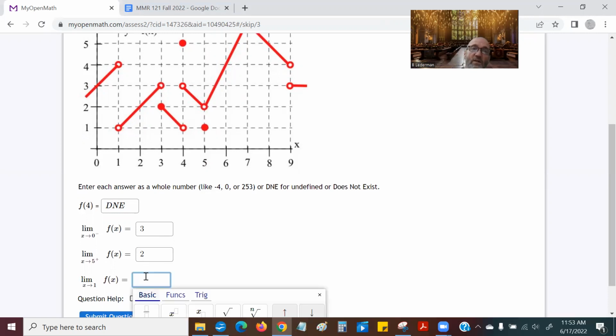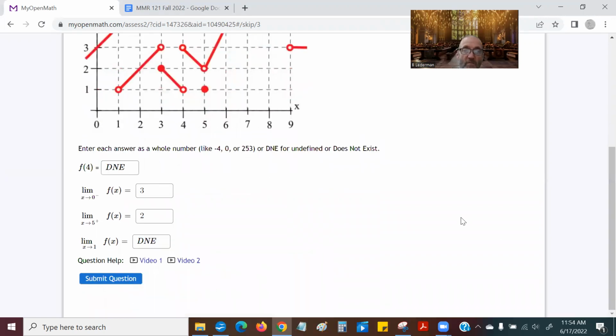Well, in this case, there is no limit because the left and the right don't match. But if I ask for the left-sided limit, that would be 4. The positive-sided limit would be 1. The overall limit doesn't exist, and that's for D and E.